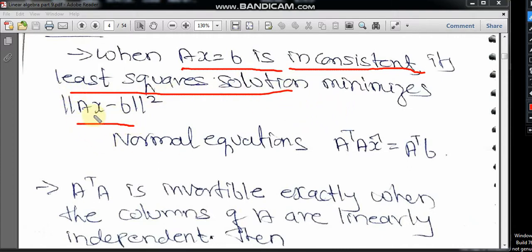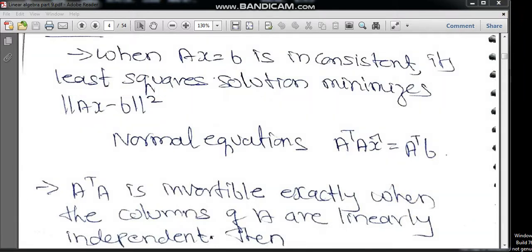The values of x are approximately nearer, so that they satisfy all the expressions nearer to the equations. So the normal equations are A transpose A x cap equals A transpose B.